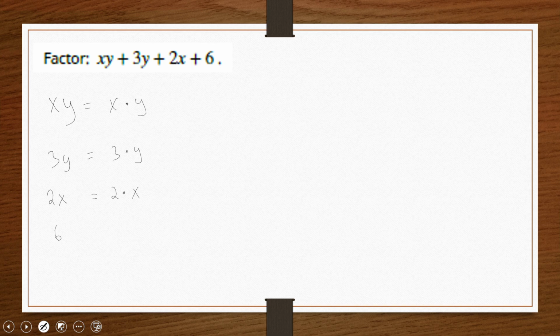What you'll notice is that finding the GCF is impossible. There's really nothing that these 4 terms have in common other than 1. So I could claim that they have a GCF of 1 and rewrite each of these terms as the product of 1 and the remaining factors, but it essentially would look exactly like how we started.